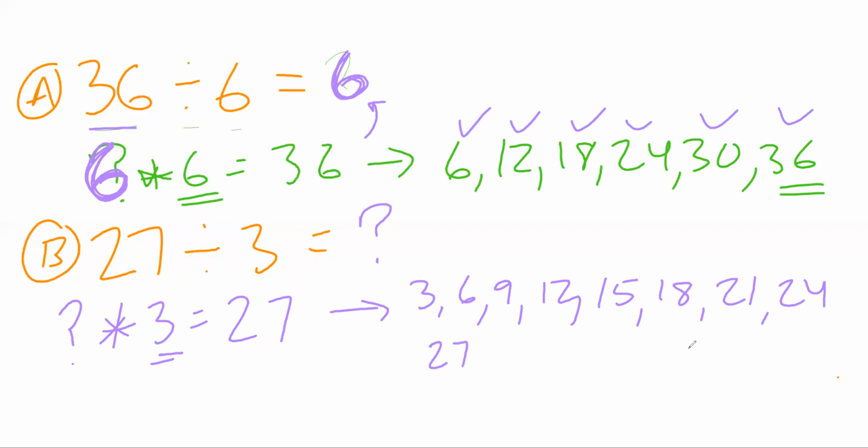There it is. So how many times did I do that? 1, 2, 3, 4, 5, 6, 7, 8, 9 times. So 9 times 3 equals 27. Therefore, 27 divided by 3 equals 9.